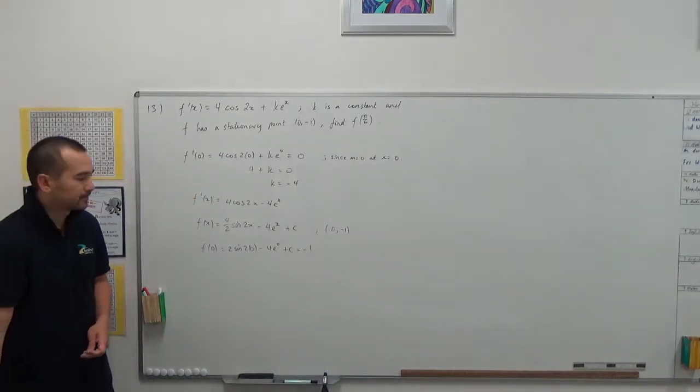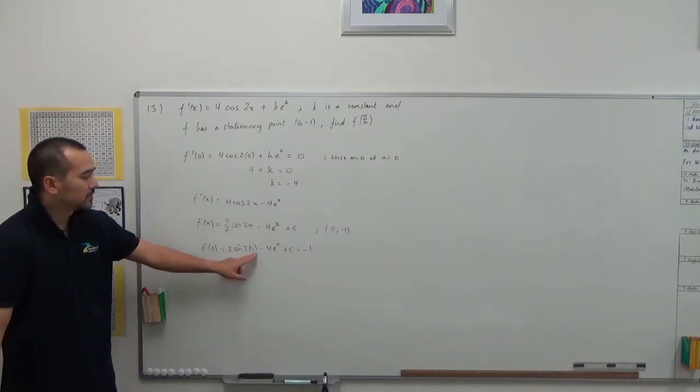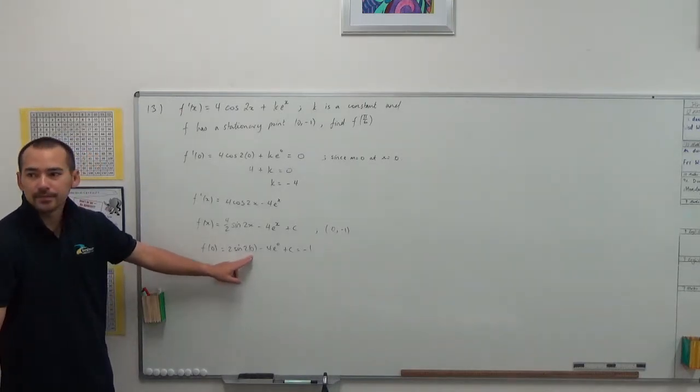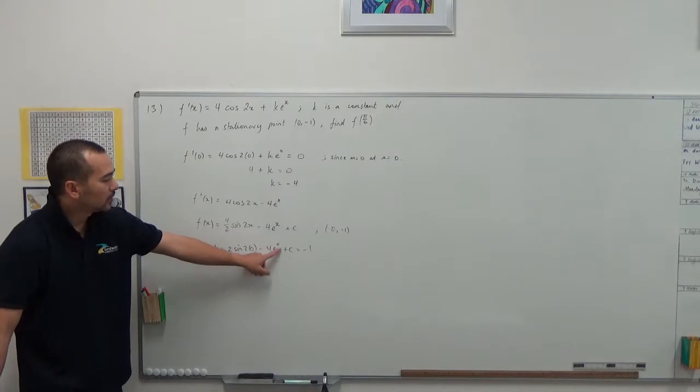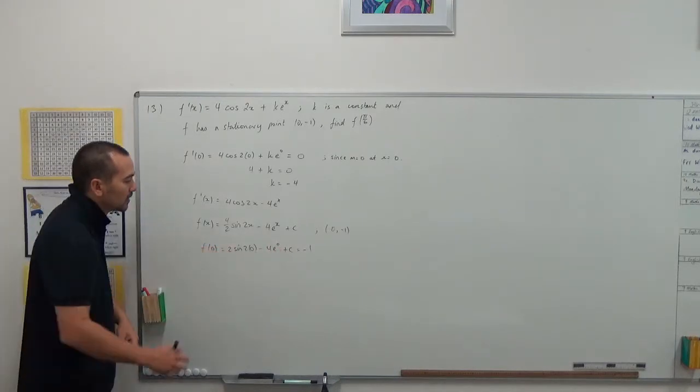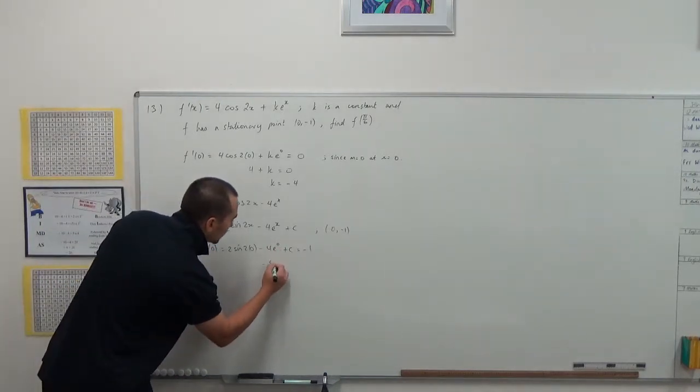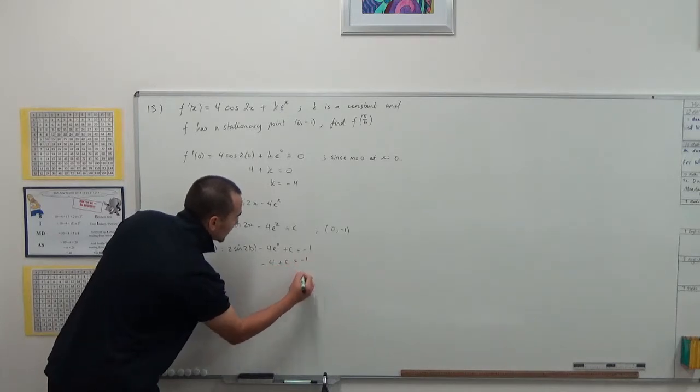Okay. 2 times 0 is 0. What's sine of 0? Sine of 0 is 0. That's right. Take away e to the power 0, which is the same as 1. So we have negative 4 plus c is equal to negative 1.